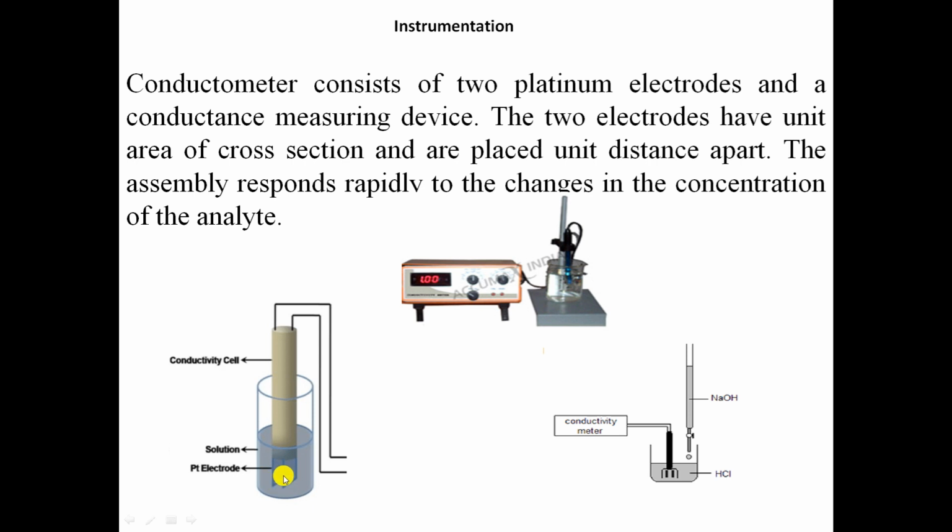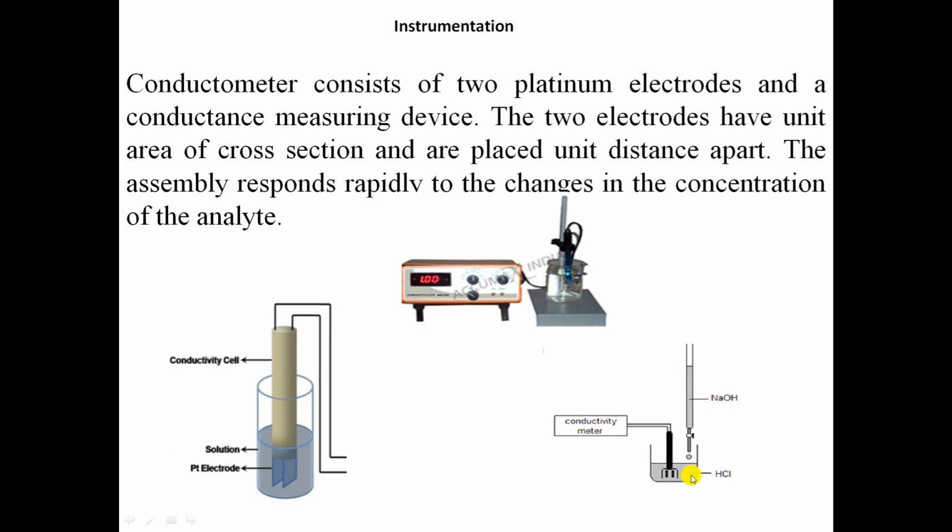Whenever the solution enters between these two platinum electrodes, the conductivity is measured, and these two points are connected to the conductometer, where we measure the conductivity of the solution. Here the conductance of the solution is varied by the addition of a titrant to the solution.